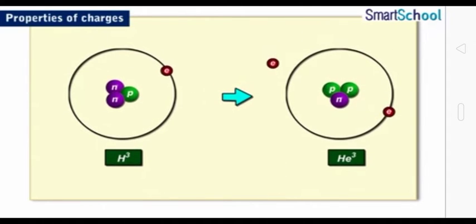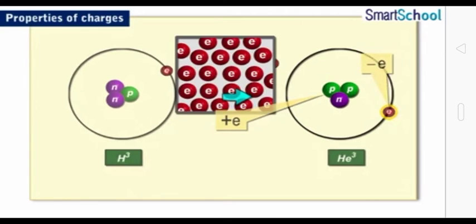In an atom, when we refer to the charge on proton, its value is positive and is referred to as positive e, whereas the value of e for the charge on an electron is negative and is referred to as negative e.